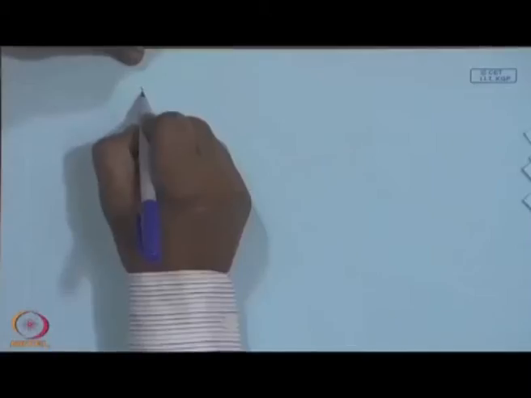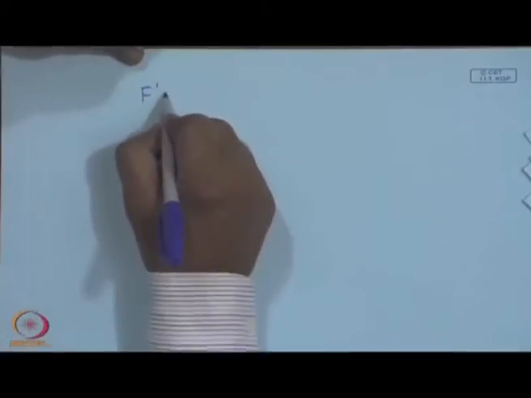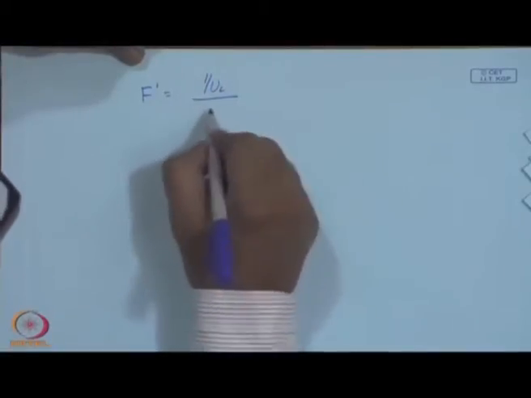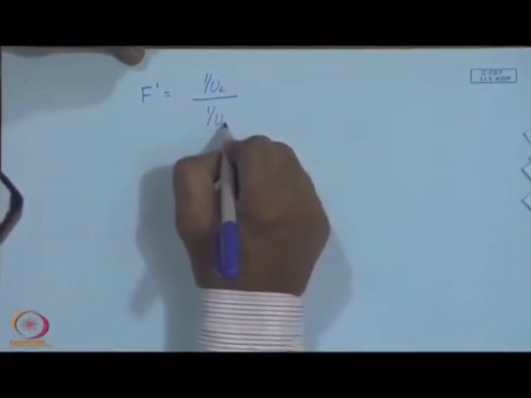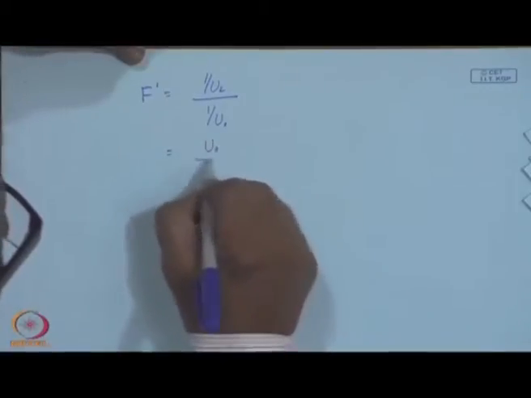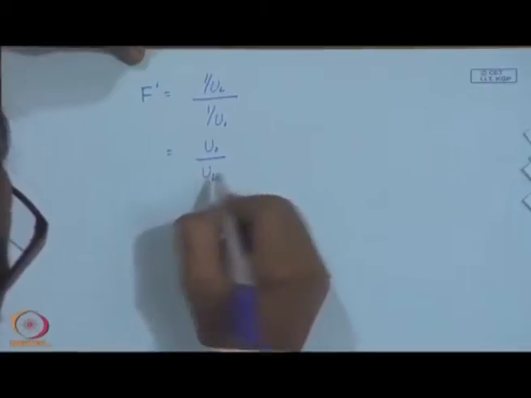Or one can write down 1 upon U_L divided by 1 upon U_0, which can be rewritten as U_0 upon U_L.